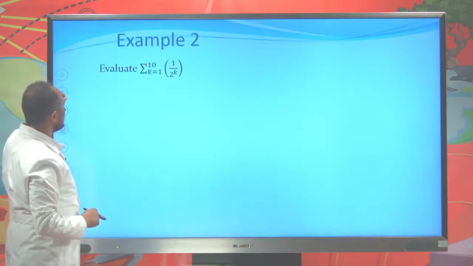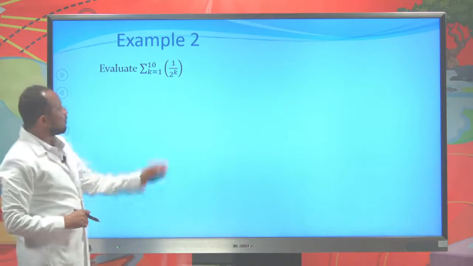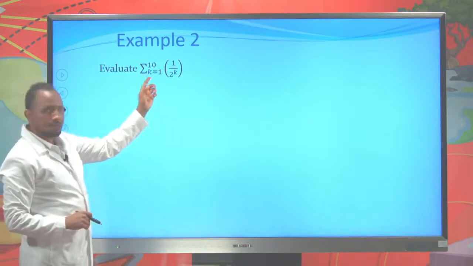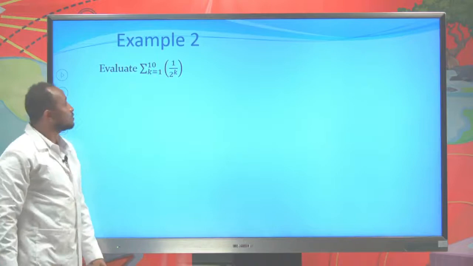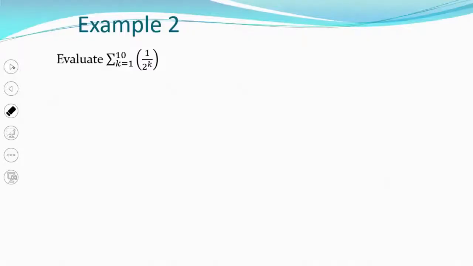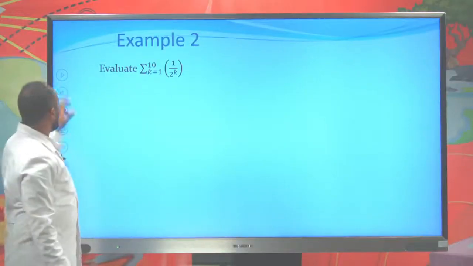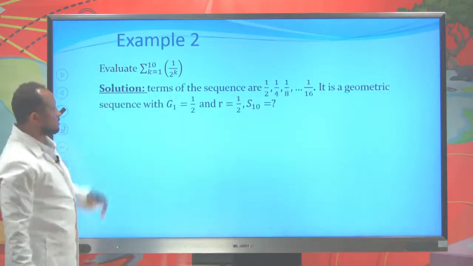Let's add one more example for this part. Example 2: we are asked to evaluate the sum of 1 over 2 to the k, where k starts from 1 up to 10. To find the sum, we first need to see the terms of the sequence.